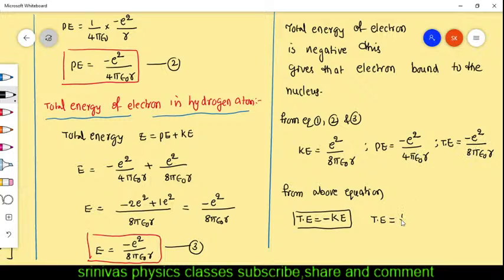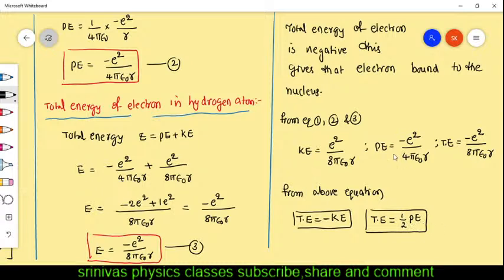That means total energy is equal to 1 by 2 of potential energy, right? Why? You multiply with half here, minus E square by 2 into 4, 8, you will get minus E square by 8 pi epsilon r, which is the total energy. If potential energy is multiplied with half, you will get the total energy, right? That means total energy is half of the potential energy.